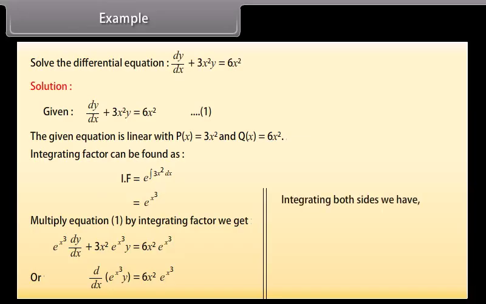Integrating both sides, we have e^(x³) y equals integral of 6x² e^(x³) with respect to x equals 2e^(x³) + c. Solving for y, we get y = 2 + c e^(-x³).